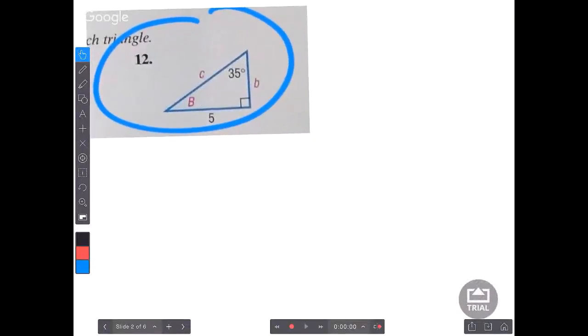I need to find side B, I need to find side C, and I need to find angle B. So I'm going to say I need side B, I need side C, and I need angle B. My first step is going to be to go ahead and find angle B. So I've got 90 degrees plus 35 degrees plus angle B. I know that a triangle has a sum.